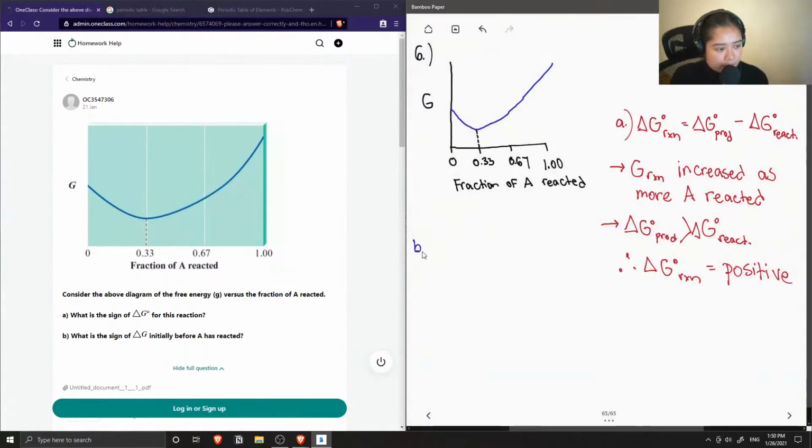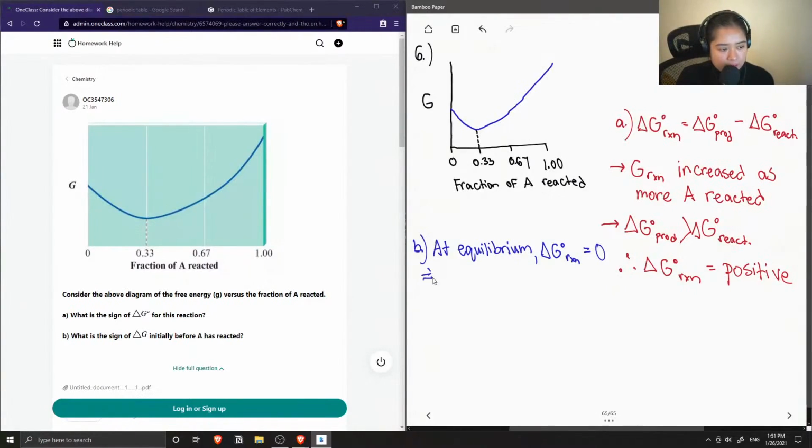And then for part B, I'll write over here: what is the sign of delta G initially, before A has reacted? First, let's find our equilibrium point, which is the minima in our graph. At equilibrium, delta G of our reaction is equal to 0.